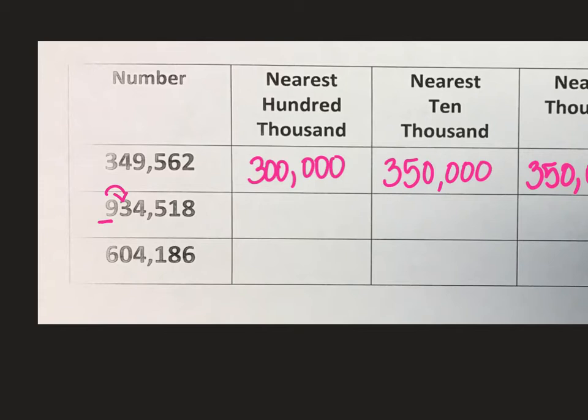Is that 3 4 or less, or is it 5 or above? JJ? 4 or less. So we let it rest. So that 9 stays the same. Everything after it becomes a 0. So this number rounded to the nearest 100,000 is 900,000.